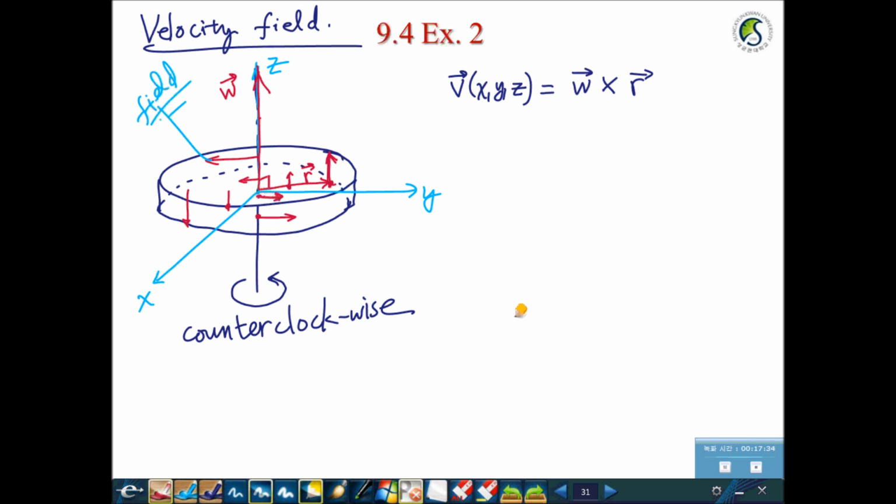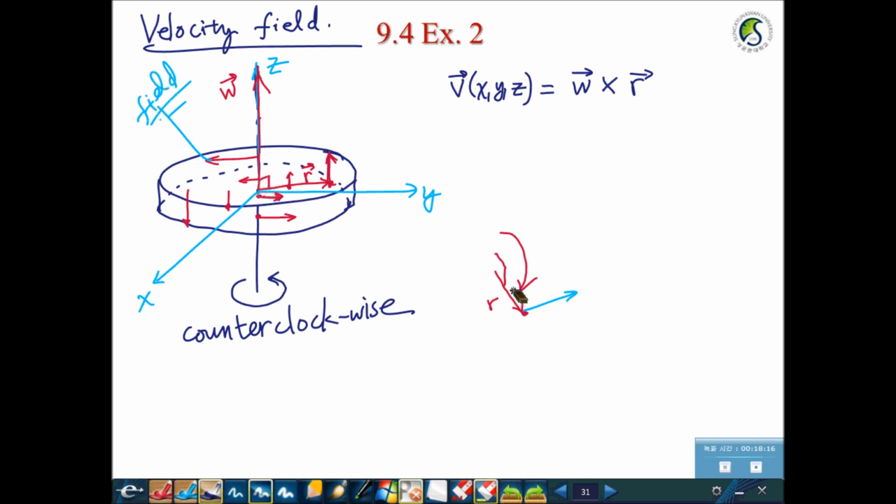How can I draw that? Let's say this is omega, and this point, this is R. That's 90 degrees here. Then the direction follows the right-hand screw rule. From here to here, rotating, so it's like that, tangential to that plane. So that really represents those things.